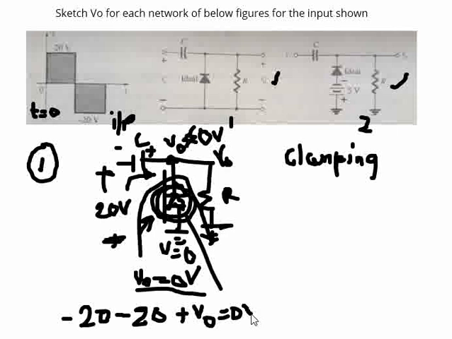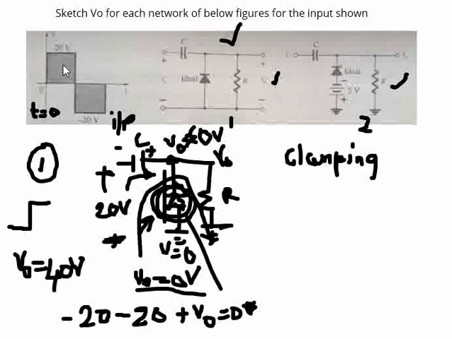In this case V naught becomes 20 plus 20, which is 40 volts. So in this circuit, the output will fluctuate between 0 and 40 volts as per this waveform.